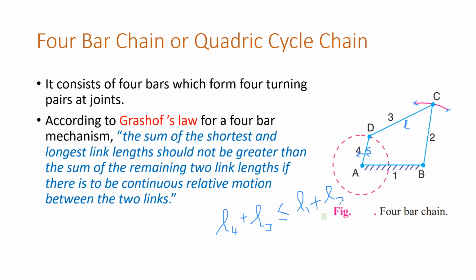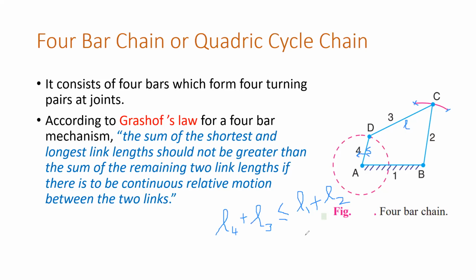If this condition is not satisfied with respect to the lengths of the links, then continuous motion is not possible. Though you can rotate link AD, it will not rotate through 360 degrees. Somewhere it will get stuck because of the disproportionate lengths of the links.